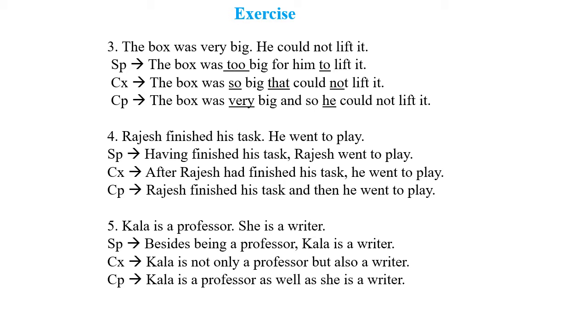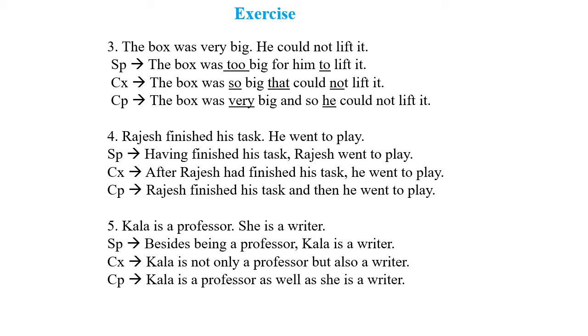Here we can take having plus v3. We can decide this as having plus v3 type. So for having plus v3, after plus subject plus had plus v3, then subject plus v2 and then this type. So when you are clear with that tabular column, then only you can apply correctly.